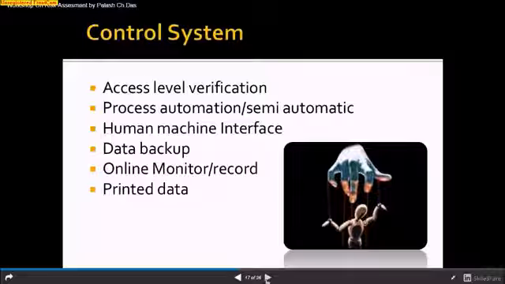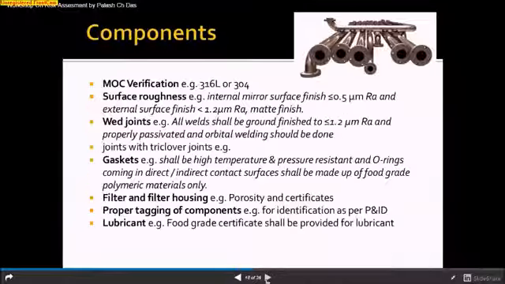Next is a very critical part, that is components. As you know, in a medicine manufacturing facility, we are always talking about product contact parts. Suppose there is a vessel where you are going to mix a solution, any surfaces. So MOC verification is required, and you need to mention exactly what MOC you want. Surface roughness is also a critical factor.